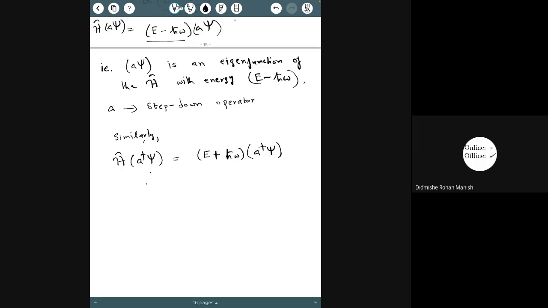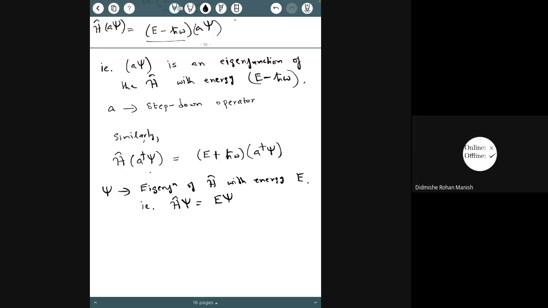Psi is an eigenfunction of H with energy E. That is H psi equal to E psi. This is satisfied. And now if I act a on psi, then I get a new wave function, which is also an eigenfunction, but it has a lower energy. And we know by how much, so it's lower by h cross omega.